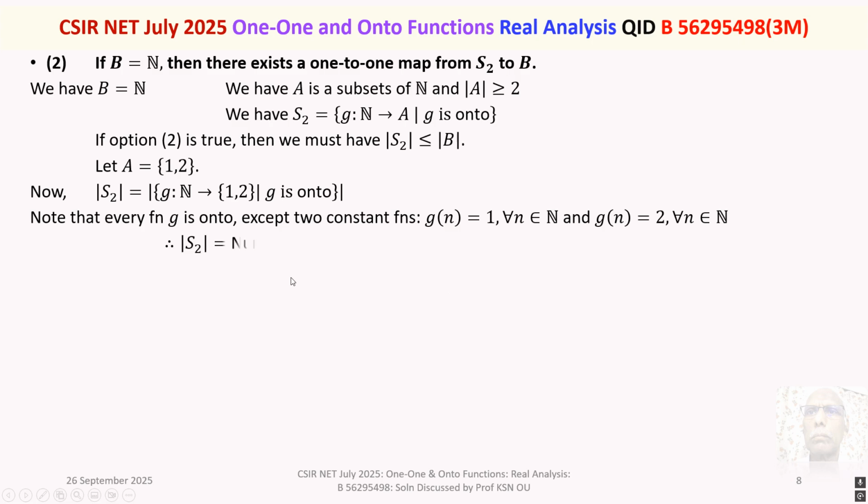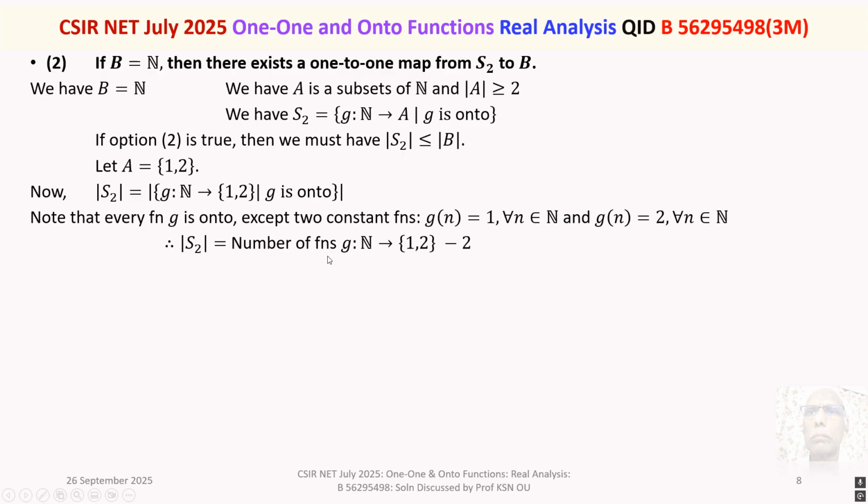So, therefore, the cardinality of S2 is the number of functions g from N to the set {1, 2}, minus the non-onto functions. How many? 2. So, these are counting of the functions.